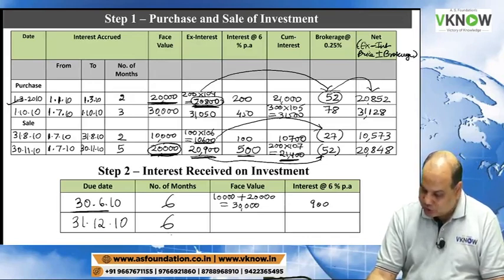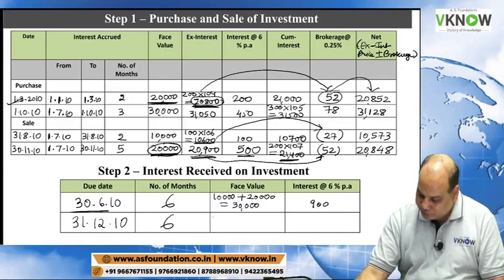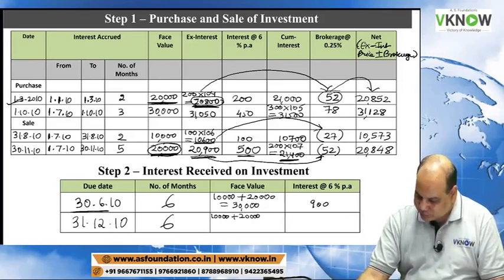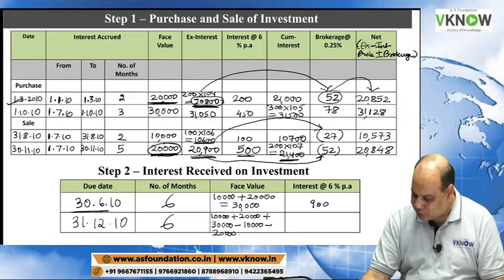And for 31st December we will write like this. We have 10,000 opening, purchase 20,000, plus another lot purchase 30,000, and we have sold 10,000 and we have sold 20,000. So this will give me 10 plus 20 plus 30, 60 minus 10, 50 minus 20 is 30,000.